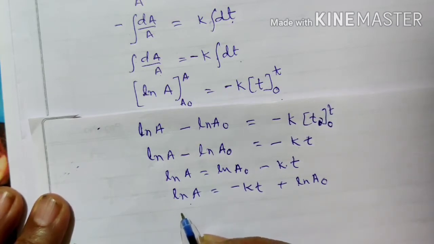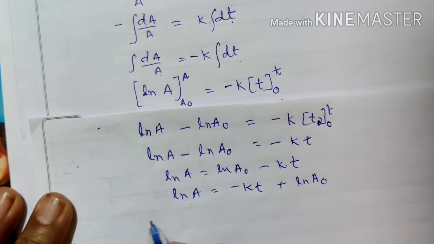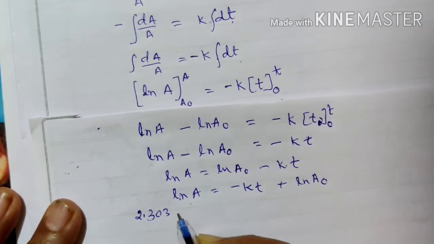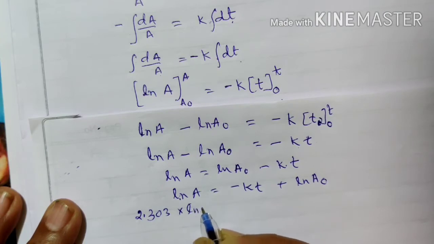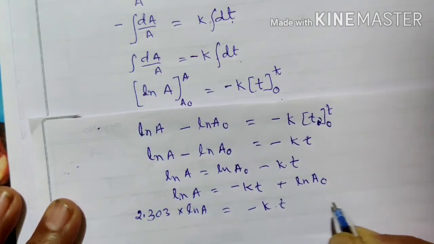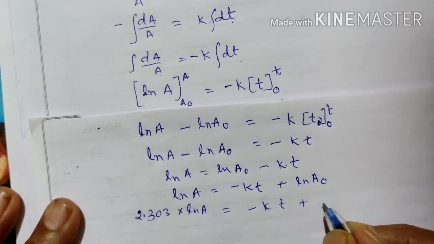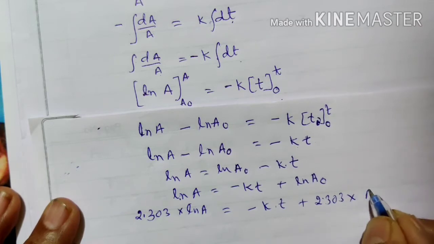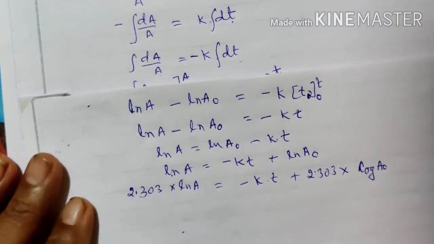Then we can convert this ln A, that is natural logarithm, into log base 10. So when we convert to log base 10, it will be multiplied by 2.303. So 2.303 into log A is equal to minus k into t plus 2.303 into log A0.